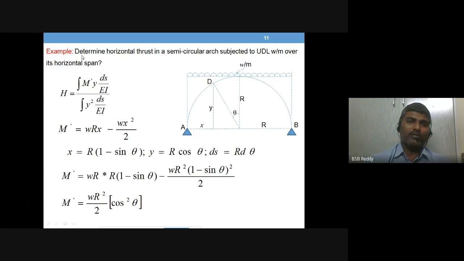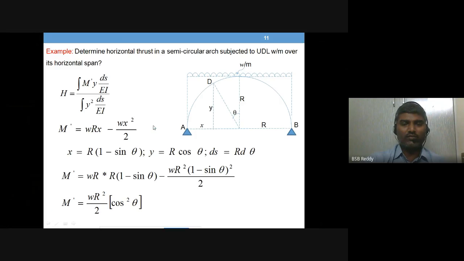The problem is: determine the horizontal thrust in a semicircular arch subjected to UDL W per meter run over its horizontal span. Let us see how we find just the horizontal thrust.